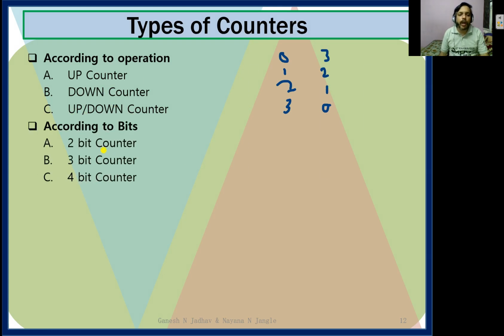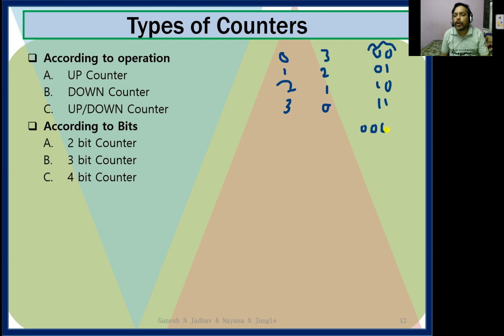Then according to the number of bits, this is called a 2-bit counter, 3-bit counter, 4-bit counter. So let us see the 2-bit counter. Here I am showing 2 bits, because 0 can be represented as 0 0, then 0 1, then 1 0, 1 1. If the number of bits is 2, it is called a 2-bit counter.